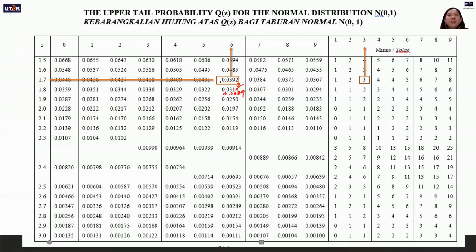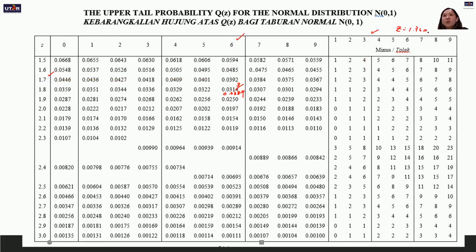Meaning I will have the reading here as 1.763. Yeah, this part is not enough to reach the probability. I need to minus 3. So my answer for the Z should take 1.763. Yeah, my Z value will be 1.763.